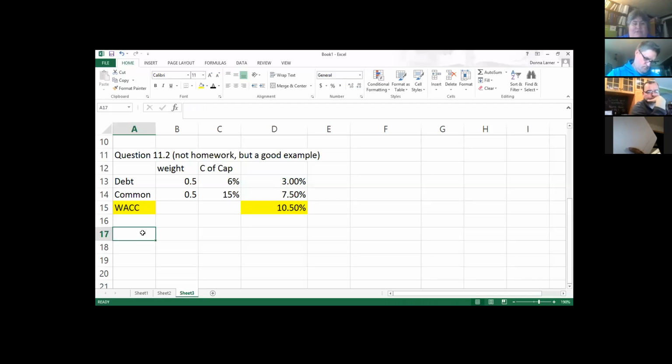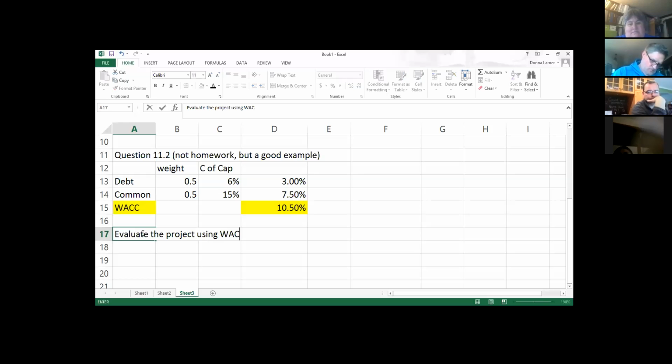And what they're trying to show you here is to evaluate the projects, or the possible things you could buy, using the weighted average cost of capital. That might change your mind about which projects to do.